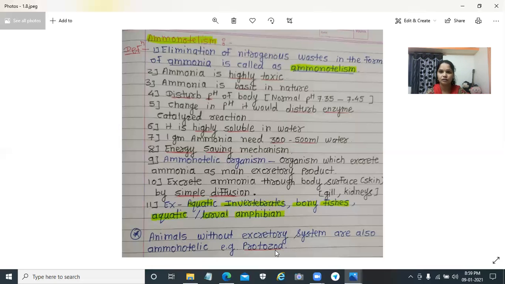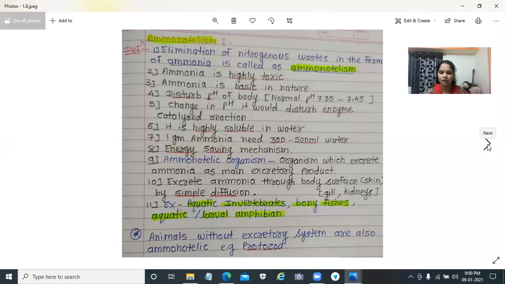Amoeba is a unicellular organism, a protozoan. All kinds of processes inside their body are performed by the single cell. So they don't have any kind of excretory system, and that's why they are found in aquatic conditions. Again, ammonia is the main excretory product.